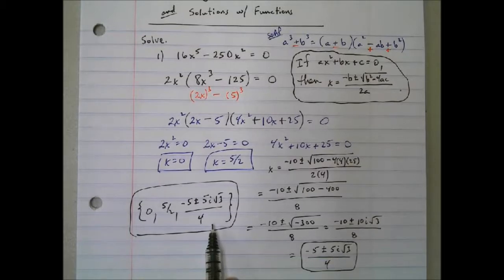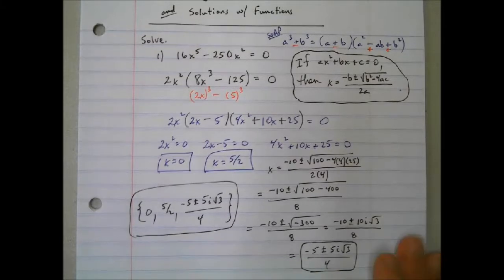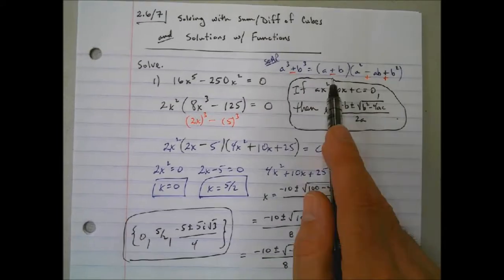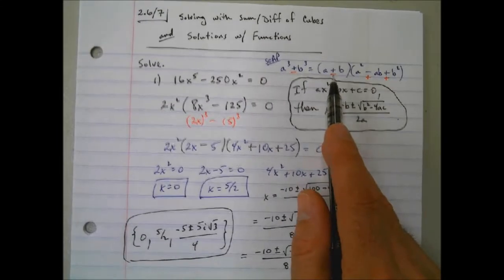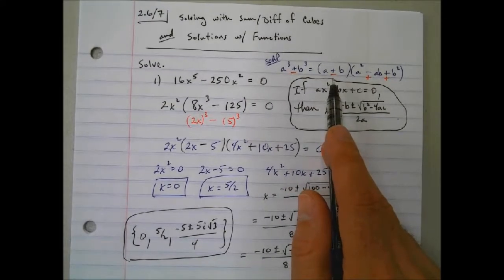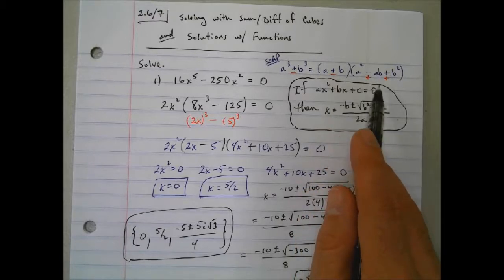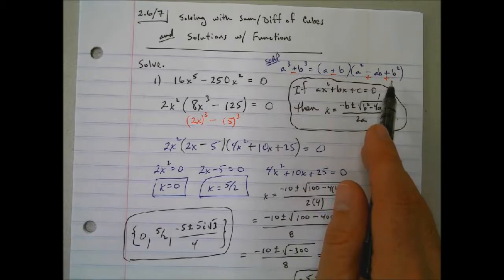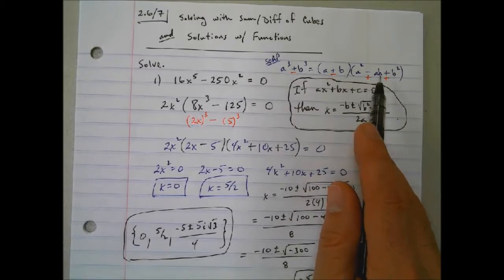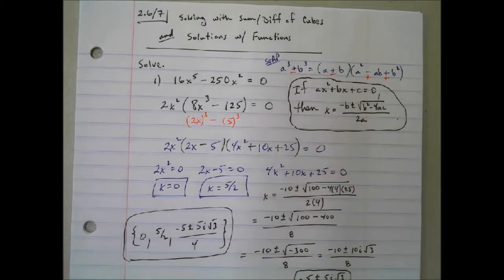On the other hand, if you're doing sum or difference of cubes, doesn't it seem reasonable that we're always going to have a real root as well? Because the a plus b, you'll be getting a real root coming out of there, whereas you'll be getting two imaginary roots coming out of the a squared minus ab plus b squared. That right-hand side, that's where you'll get the imaginaries. Okay?